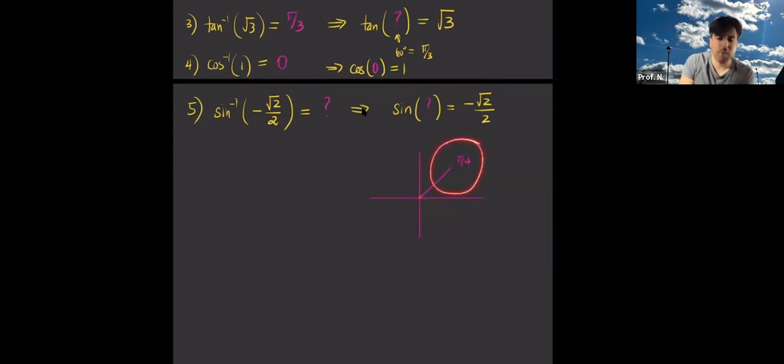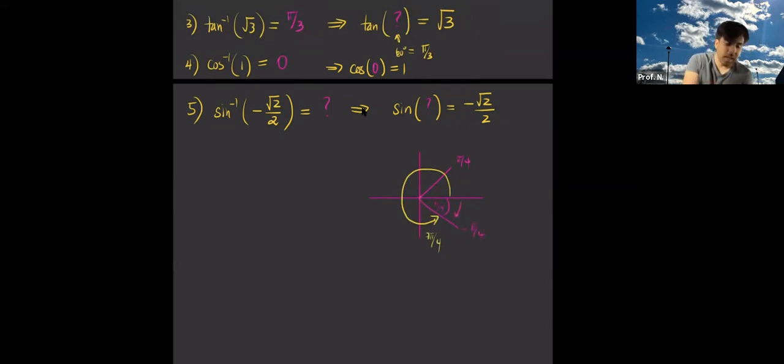Because if I'm in quadrant 1, everything's positive. So this angle is 45, but it's the angle whose reference angle is 45 in the fourth quadrant. So my reference angle is 45, or pi over 4, right? But I'm in the fourth quadrant. I have two ways to write that, right? Either I can write that angle as 7 pi over 4, or I can write it as a negative angle, which is negative pi over 4.